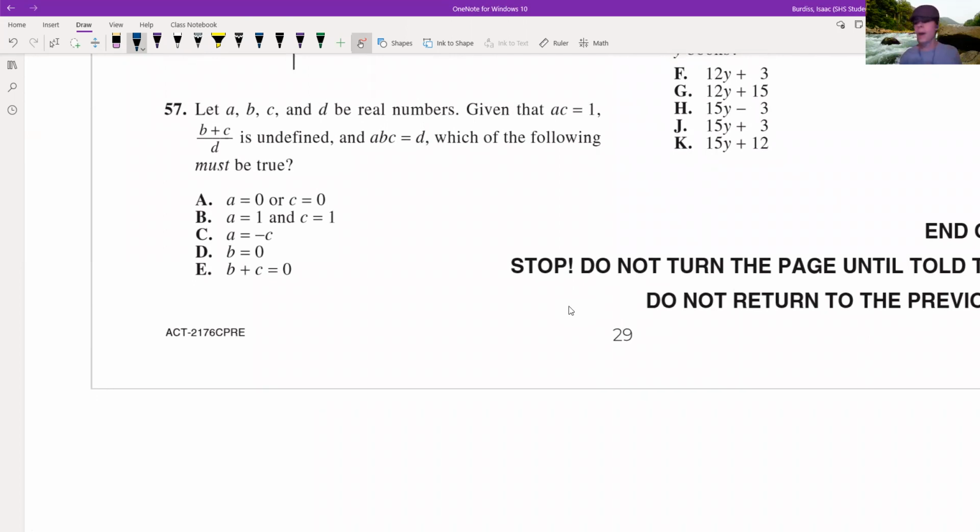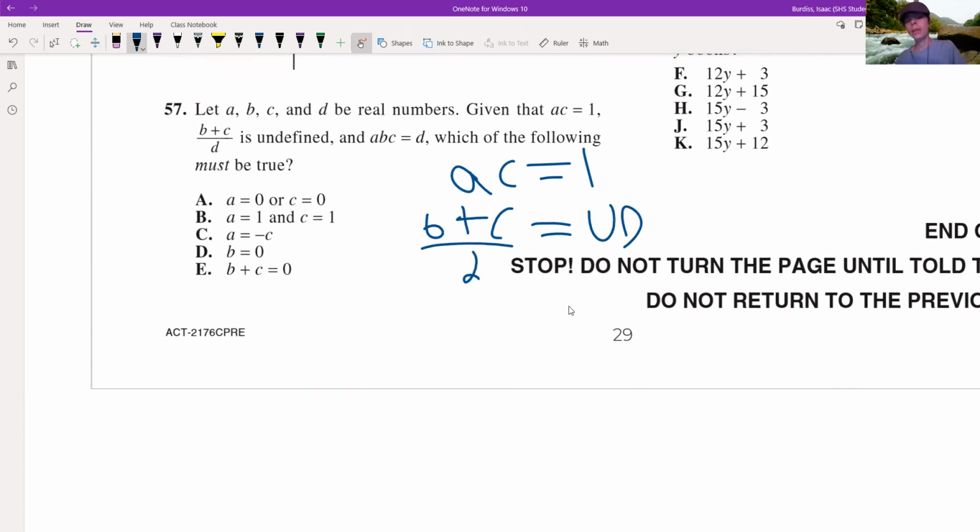All right, this one's like a mind game thing. Okay, if AC is 1 and B plus C divided by D is undefined, what would that mean? That would mean that D has to be 0 because that's how you would get undefined. What must be true?